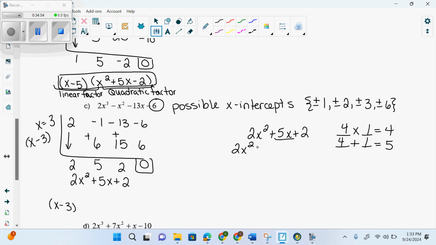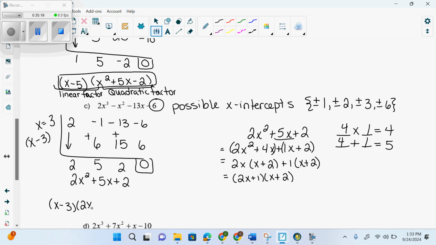So we get 2x squared plus 4x plus 1x plus 2. Take out a 2x, and I'm left with x plus 2. Take out a plus 1, and I'm left with x plus 2. And then 2x plus 1, x plus 2. And those are my other two factors.